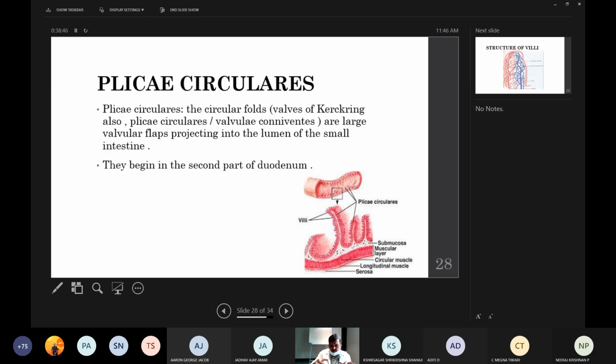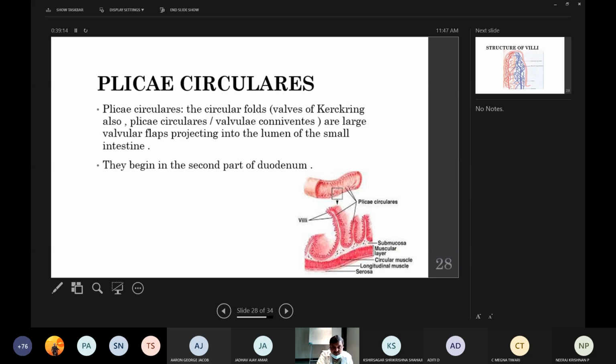They are very prominent in the second part of the duodenum and the jejunum. As you go towards the distal part of the ileum, they reduce in number and become less prominent.